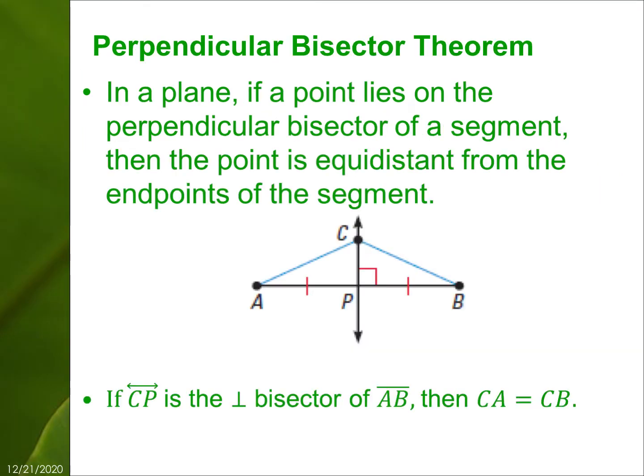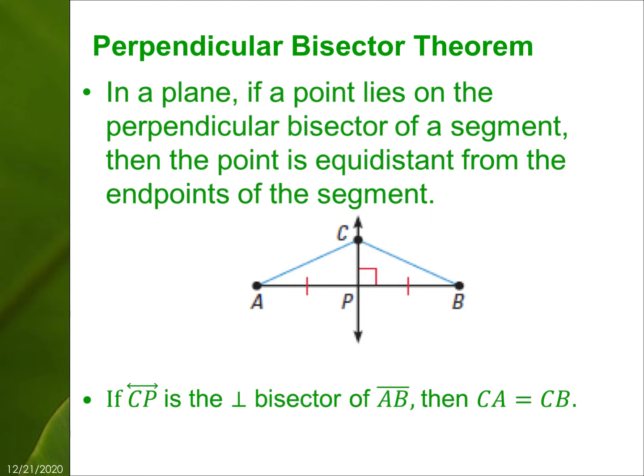So now we have the perpendicular bisector theorem, and what this states is in a plane, if a point lies on the perpendicular bisector of a segment, then the point is equidistant, here's that word, from the endpoints of the segment.